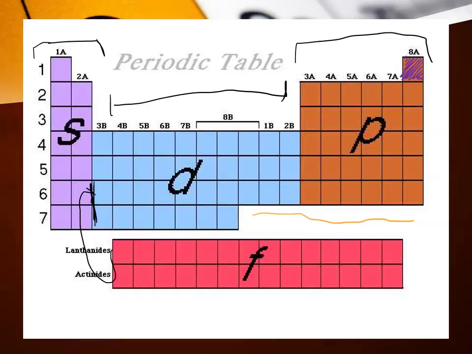I will tell you they're separate only because they simply do not fit very easily on the periodic table. So we tend to take them out and kind of put them by themselves. But that's the general periodic table. The SPDF definitely is informative. We'll talk about that in Unit 3. For now, though, you do need to know where the S block starts, or the P, or the D, etc.